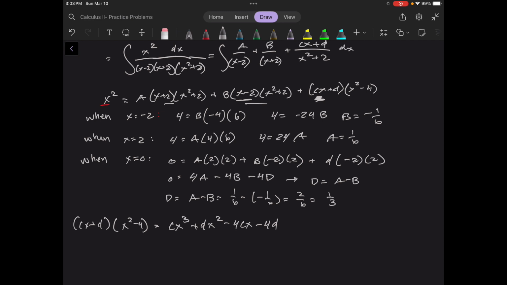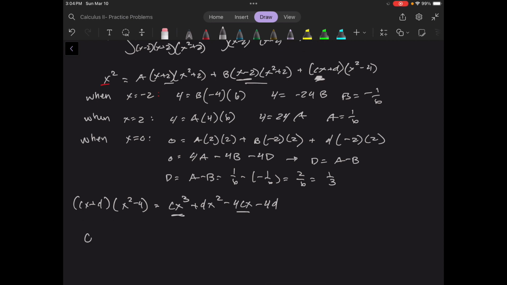So that means the only terms that are going to have a c coefficient are the x cubed term and the linear term, right? So on the left side we have 0x cubed plus 1x squared plus 0x plus 0. And on the right side, where are all the x cubes going to come from?